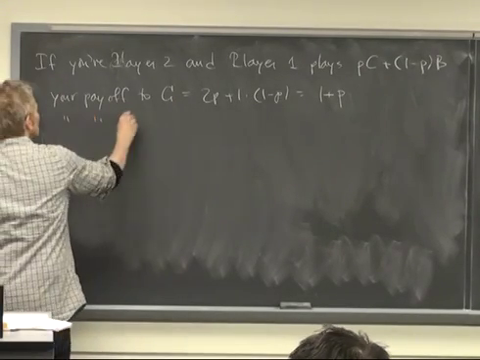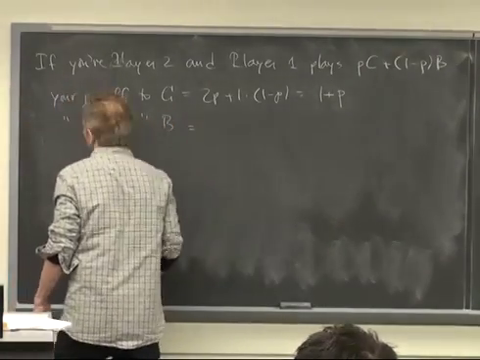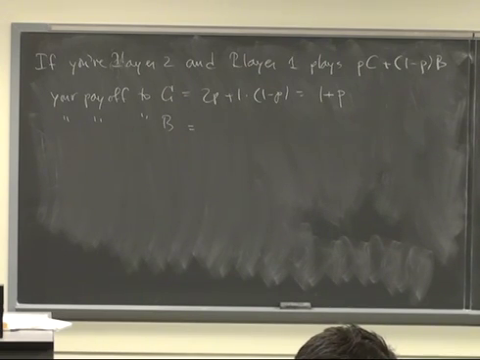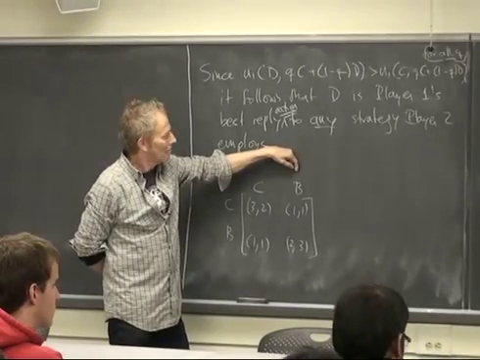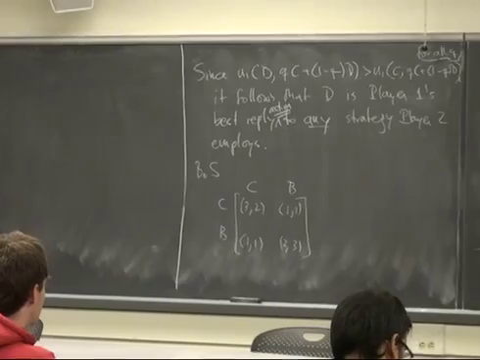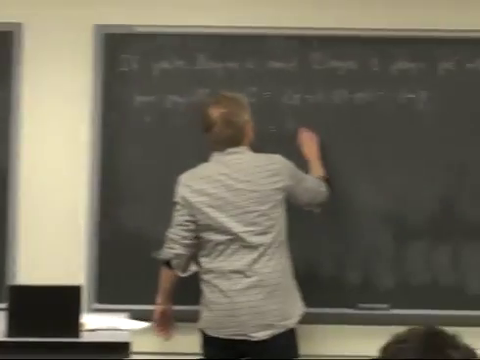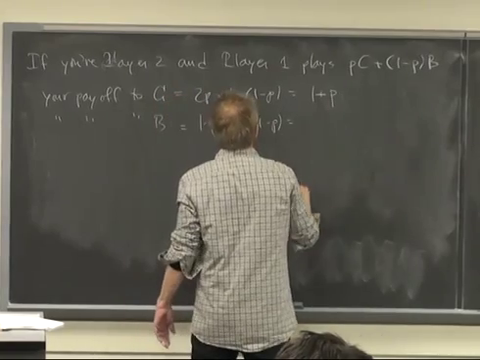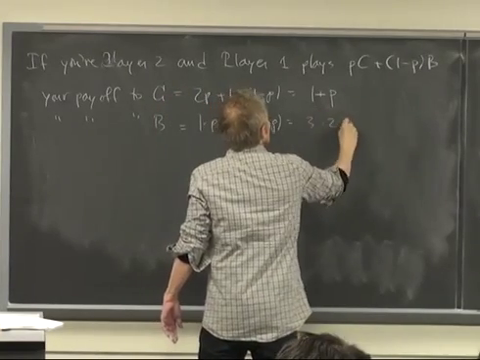And your payoff to playing B is going to be what? You're player 2. And you play B against P times this plus Q times that. 1 times P plus 3 times 1 minus P. Exactly. So it's 1 times P plus 3 times 1 minus P, which is 3 minus 2P.